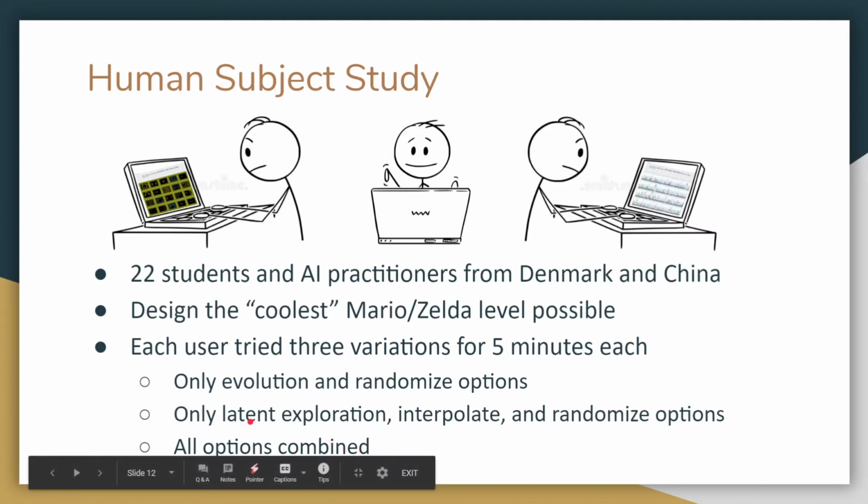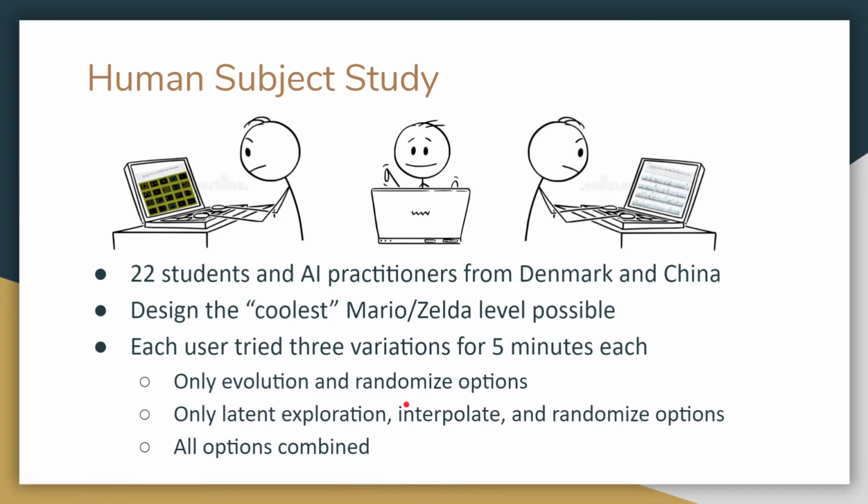The other option was latent exploration, interpolate, and randomize. We can think of this as being evolution or direct exploration. The order that the user saw those two options changed depending on the user. Some saw one first, and the others saw the other one first. But after seeing both of those options, the users had access to the full combined system with all features.